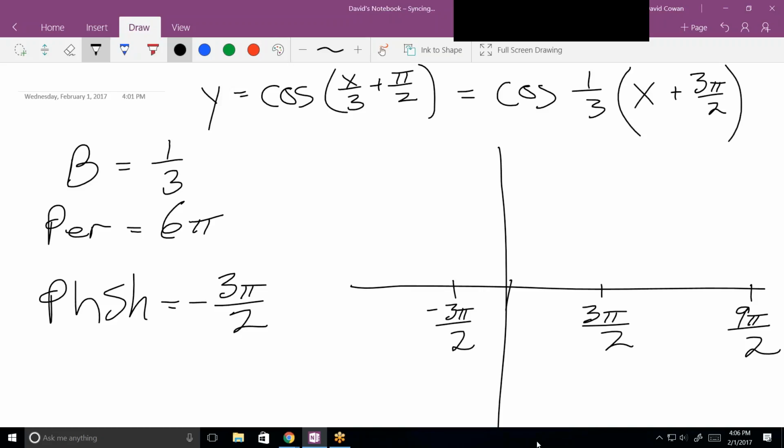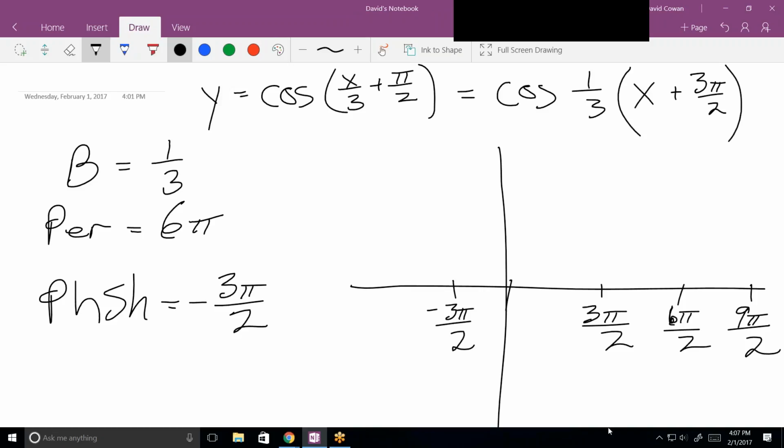Yep. And this quarter point here? That would be at 6 pi over 2. It's okay to write it like that. Normally they might want you to change that to 3 pi. Usually you simplify stuff, but in the case of trig functions, it's kind of nice to have the same denominator for everything.